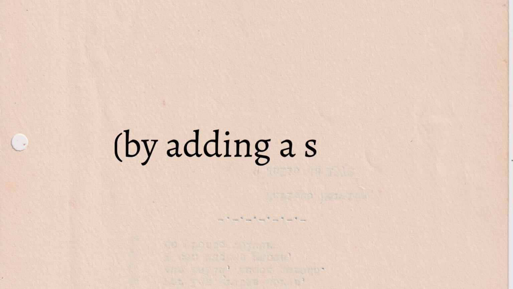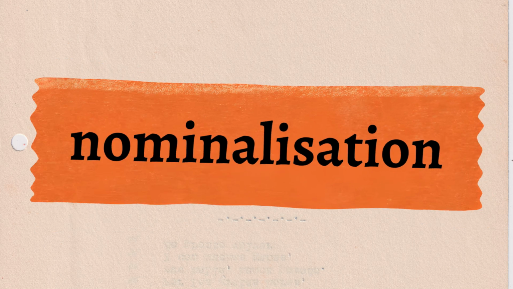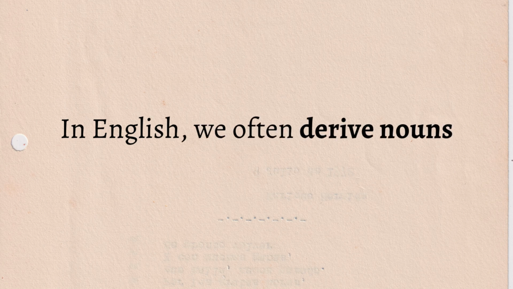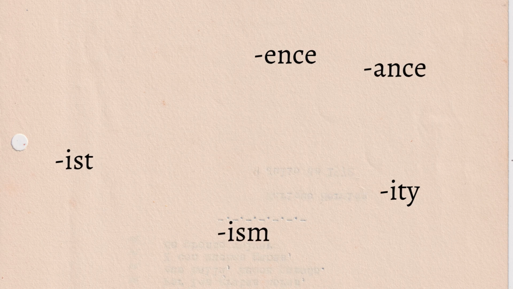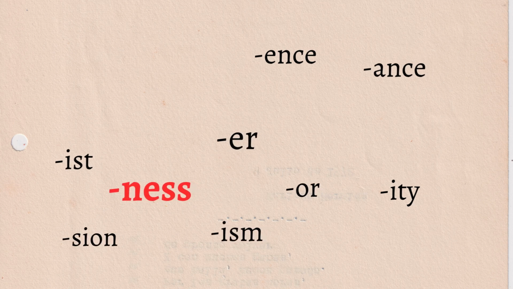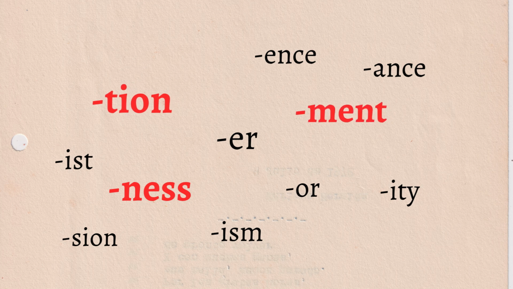When we form a new noun via derivation, that means by adding a suffix, we call it a nominalization. In English, we often derive nouns from adjectives and verbs by adding familiar suffixes including ness, tion, and ment.